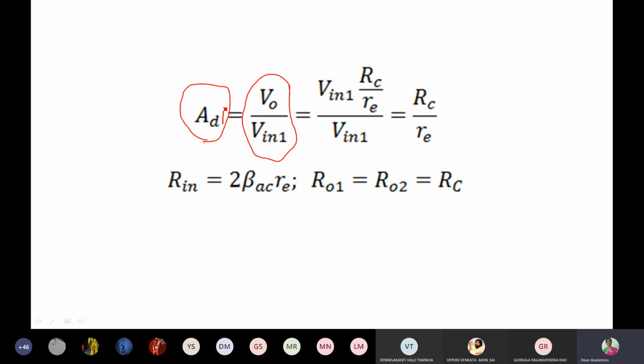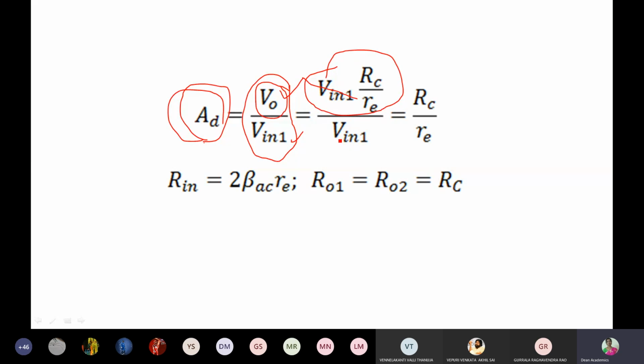So differential voltage gain is equal to output voltage by input voltage. To get this output voltage expression, we are doing that much AC analysis, right? After calculating V0, we just got it is Vin1 into RC by RE, and gain is equal to output voltage by input voltage.